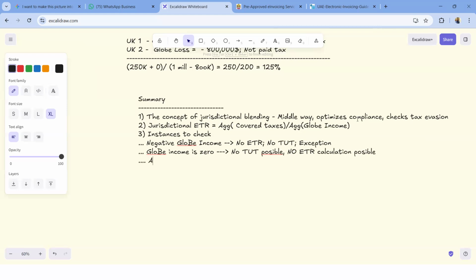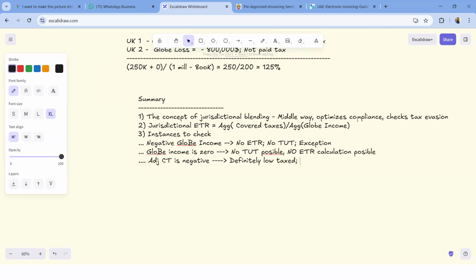Now, if the adjusted covered taxes are negative, then the ETR is definitely low tax.